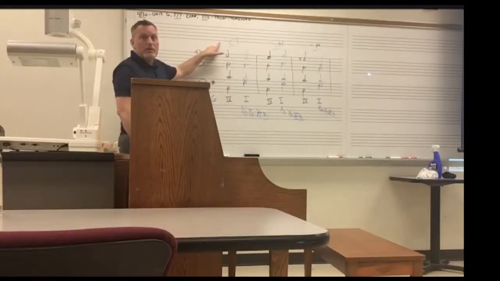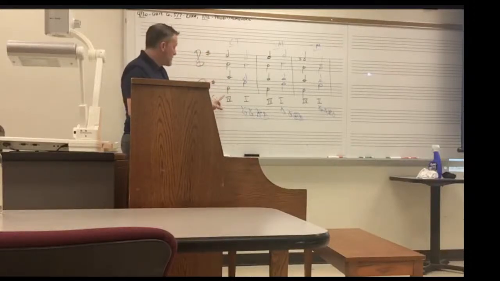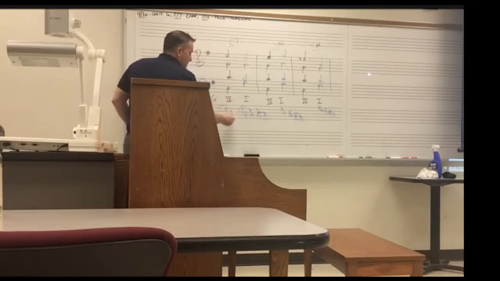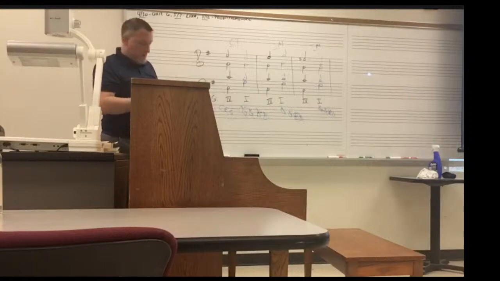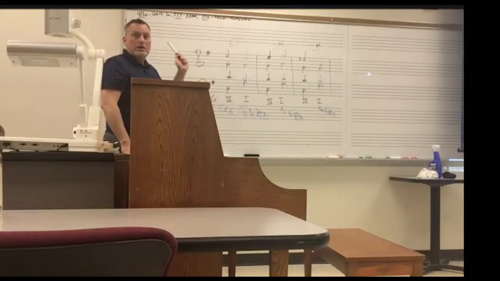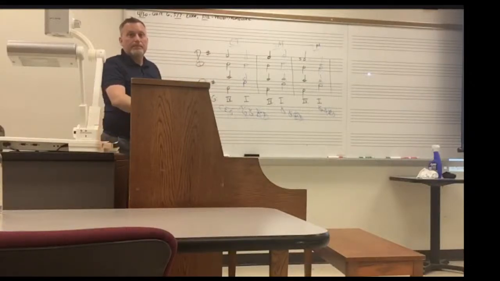You look for the common tone, so the first chord is C, E, G. Second chord, G, B, D. Common tone between the two chords is G. In this case, the alto has the common tone, but the G could have been in the soprano, G could have been in the tenor. You look for that common tone in that state. Oh, so you look for the common tone off of the Roman numeral then. Off of each chord. Yep. And then the other ones move by step.